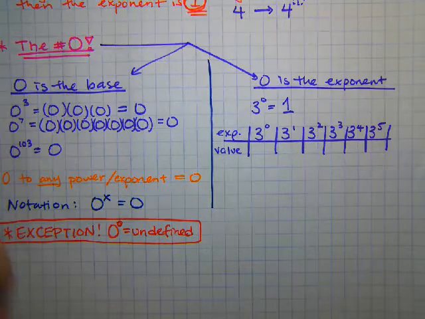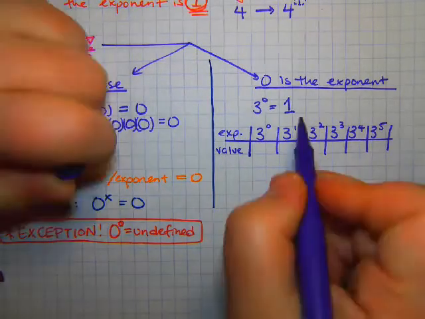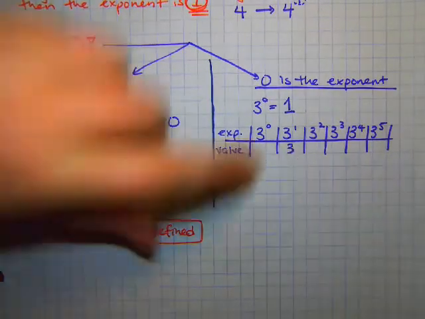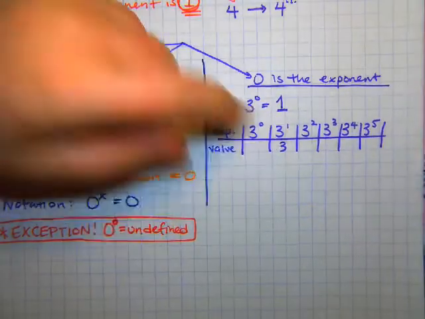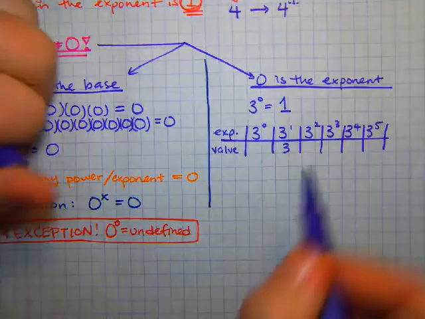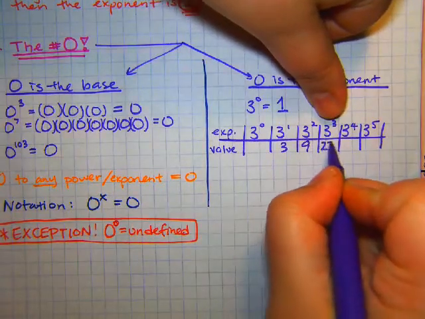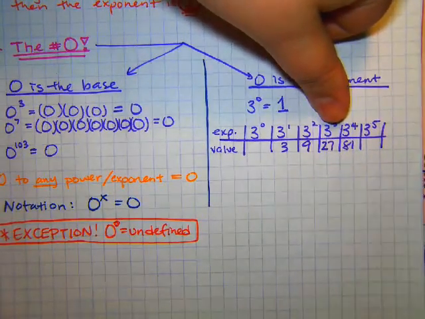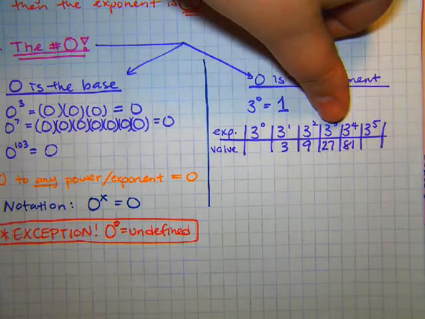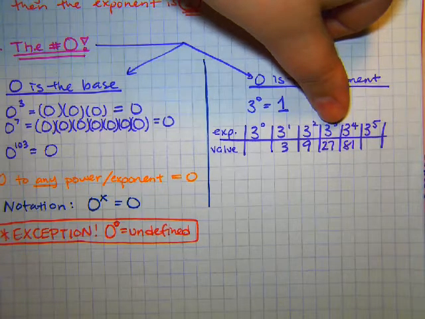So we have this. We learned above 3 to the first power, that's 3. 3 squared, that's 3 times 3, that's 9. 3 cubed, that's 3 times 3 times 3, that's 27. 3 to the fourth is 81, and then I don't know what 3 to the fifth is off the top of my head. It's 243.